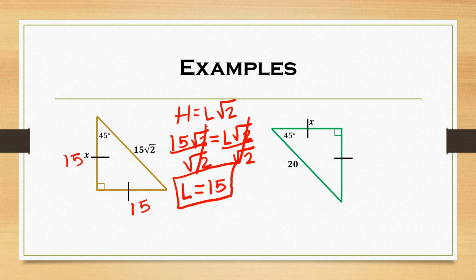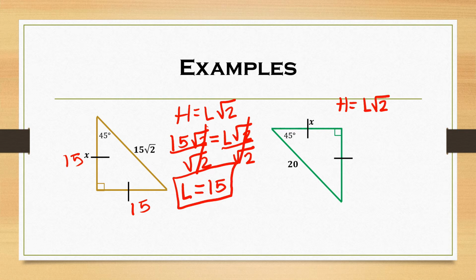Ayan. Given na naman ang hypotenuse. Pero ang hypotenuse natin is 20. So, para makuha natin ang length ng ating leg, okay? So, we have h is equal to leg times the square root of 2.